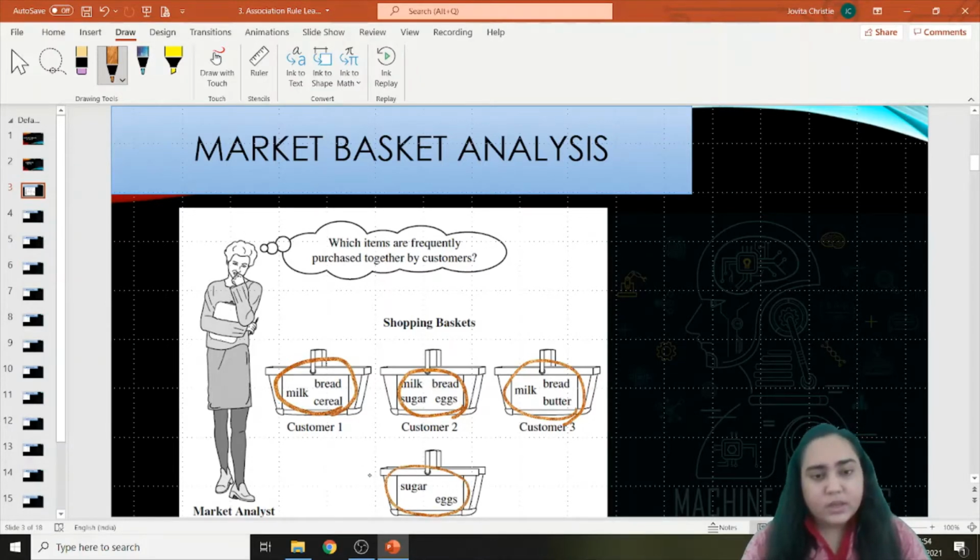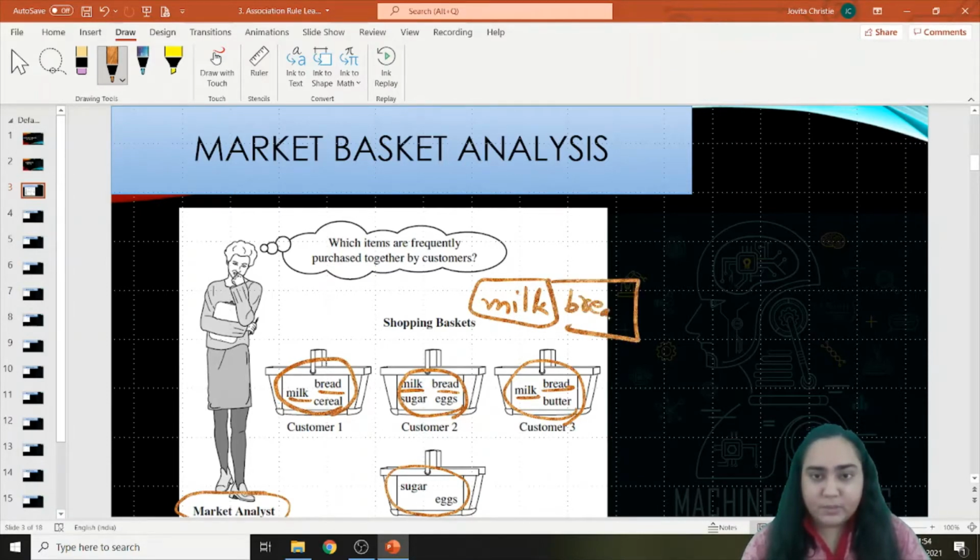Now, what does the market analyst do? The market analyst wants to find out which items are frequently bought together. If you notice all the baskets, you'll see milk and bread are appearing together quite frequently. So in your store, you will place milk in one section, and right next to that section, you will place bread.